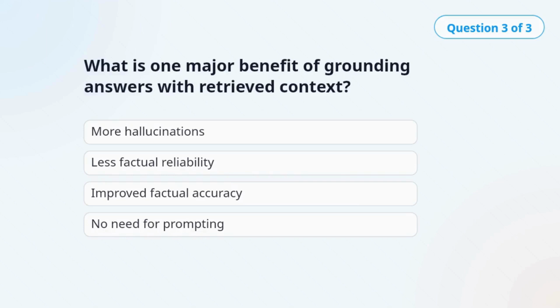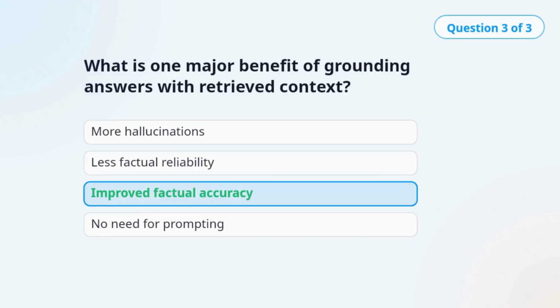Question 3. What is one major benefit of grounding answers with retrieved context? The correct answer is improved factual accuracy. Retrieved context gives the model evidence to work with, which improves factual grounding and reliability.